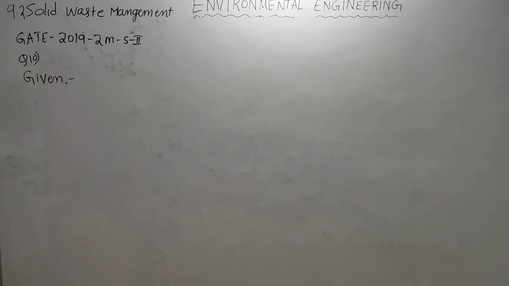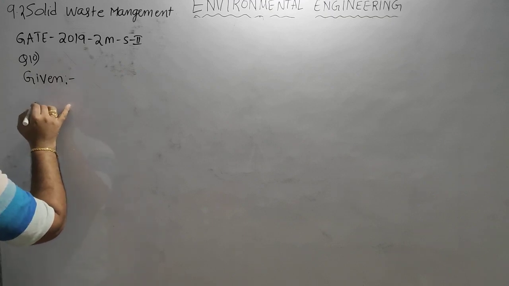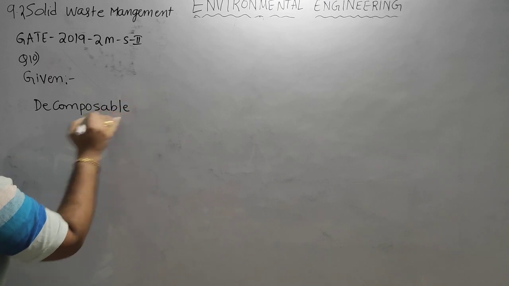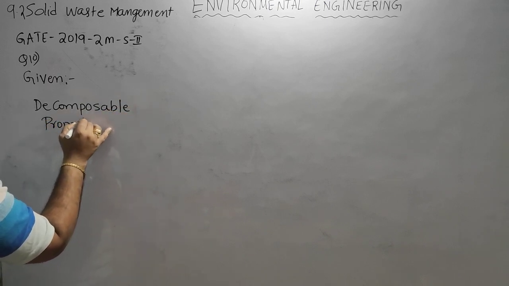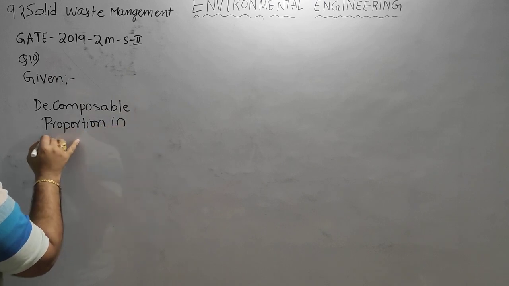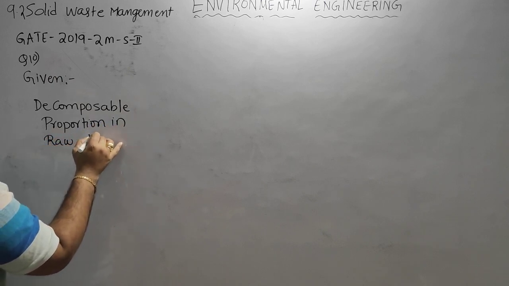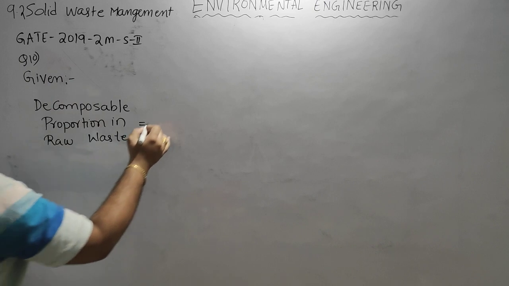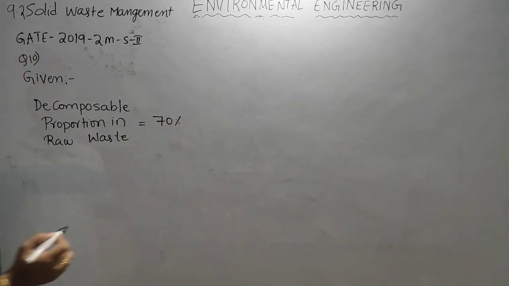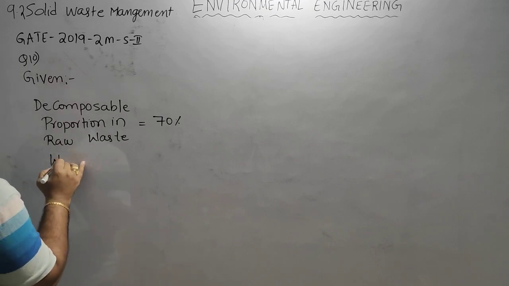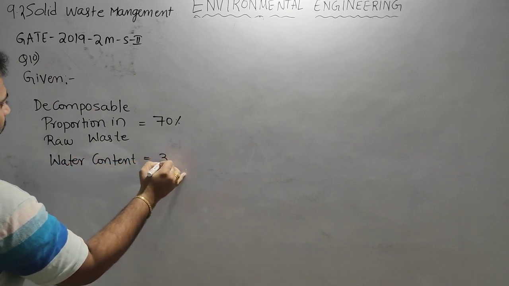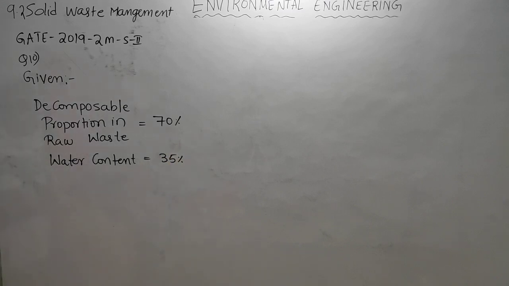A raw municipal solid waste, okay, the decomposable proportion in raw waste is 70%, and moisture content is 35%.